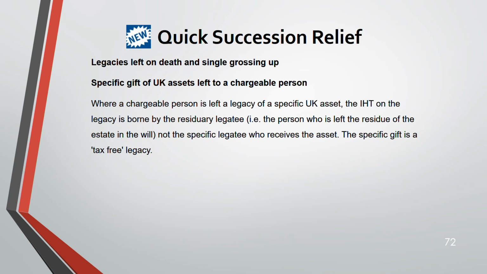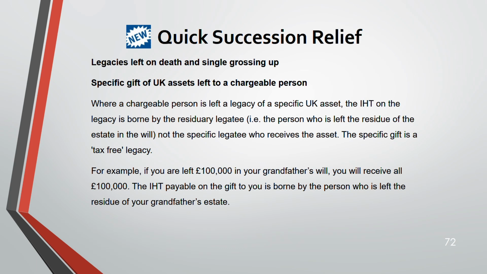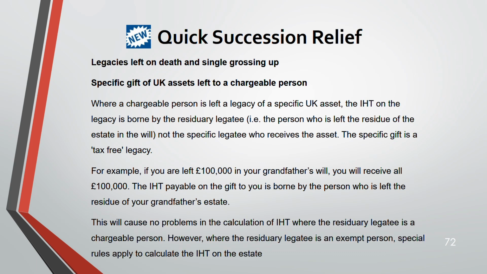So the specific gift is a tax-free legacy. For example, if you are left 100,000 in your grandfather's will, you will receive all 100,000. The IHT payable on that gift to you is borne by the person who is left the residue of your grandfather's estate. This will cause no problem in the calculation of IHT where the residual legatee is a chargeable person. However, if the residual legatee is an exempt person, a special rule applies to calculate IHT on the estate.